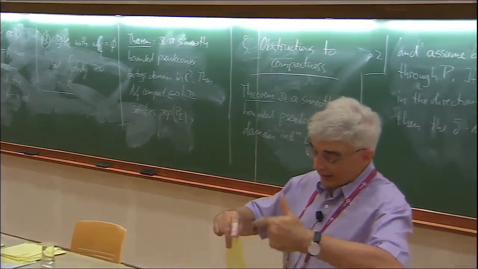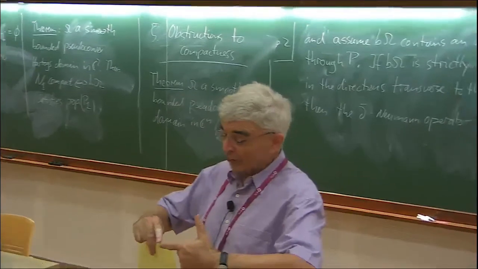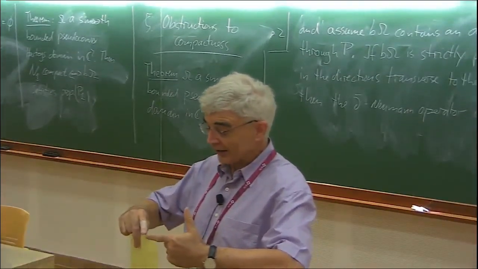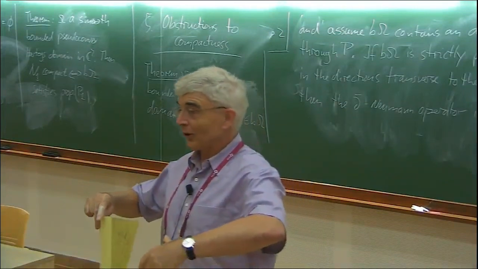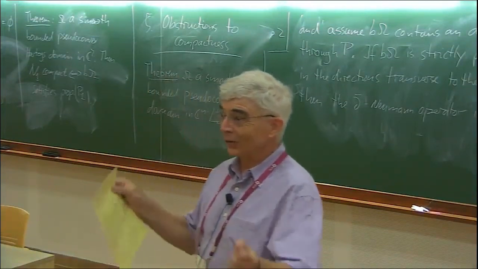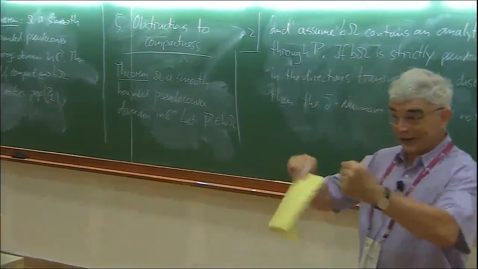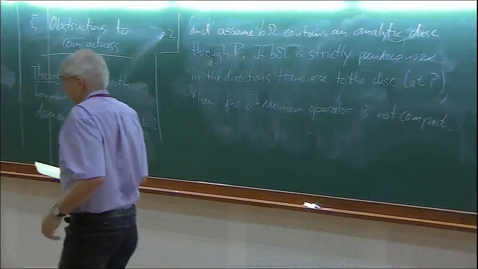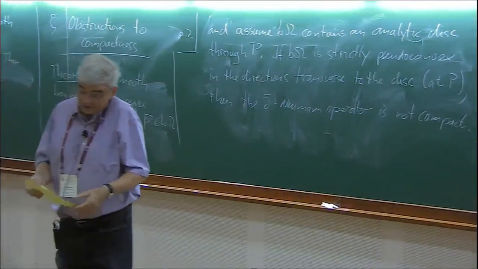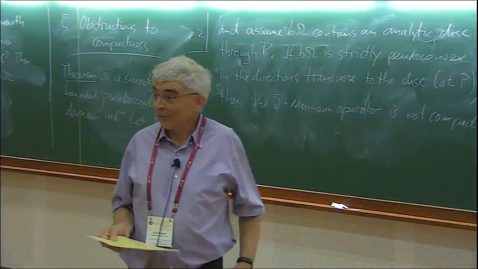And when instead of strictly pseudoconvex in that section, you make it more flat, the step in the proof is more likely to fail, actually. So this is kind of strange. This may be an indication that maybe this is not the right proof after all.